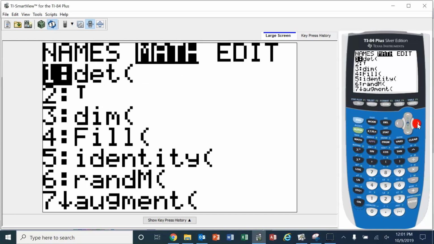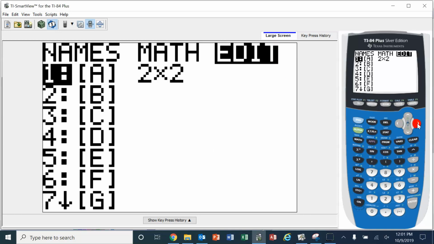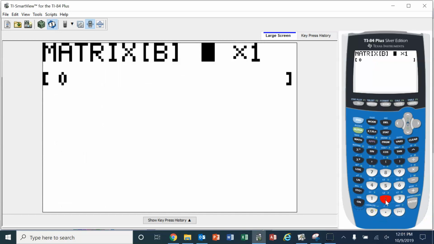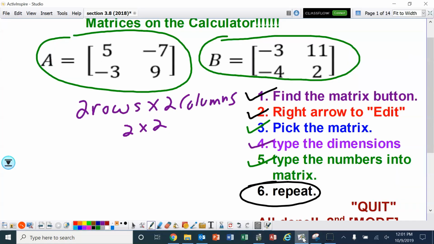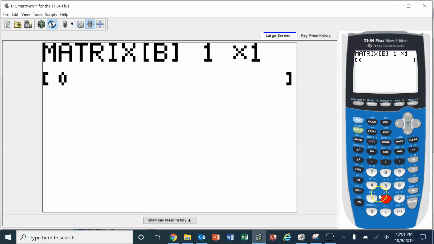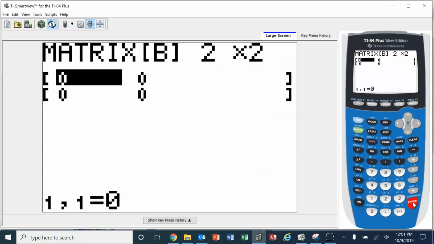Right arrow to edit. But this time we're going to pick number 2, matrix B. Looking at the dimensions, we've got 2 rows and 2 columns, so that's a 2 by 2. So we go 2, enter, 2, enter.